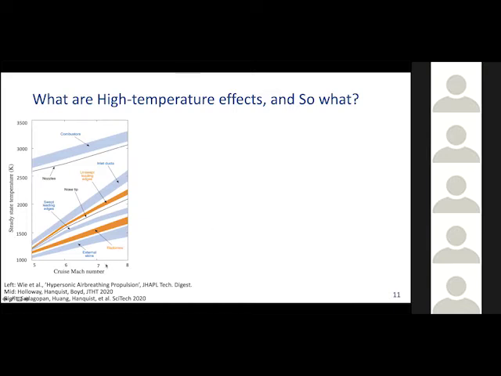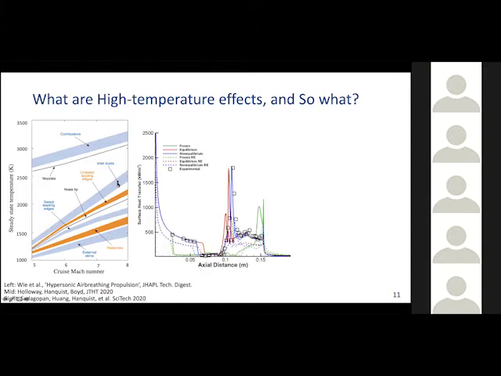This might happen at sometimes higher cruise Mach numbers, and in specific aircraft components. For example, an inlet duct can reach maybe over 2000 K at Mach 8, and that's likely to introduce high temperature effects.